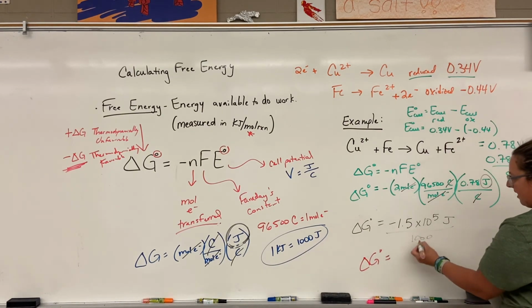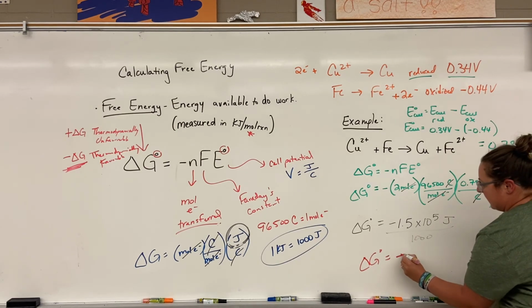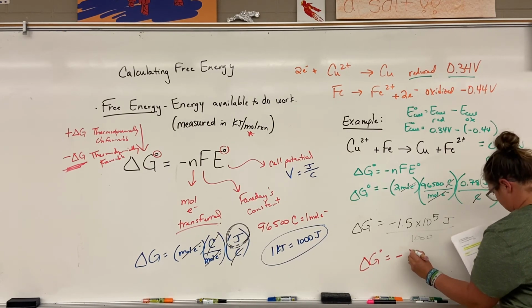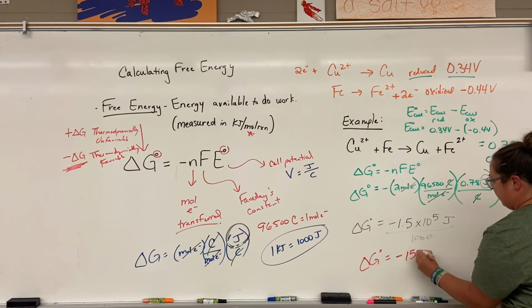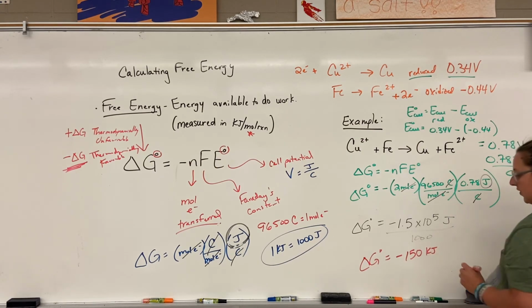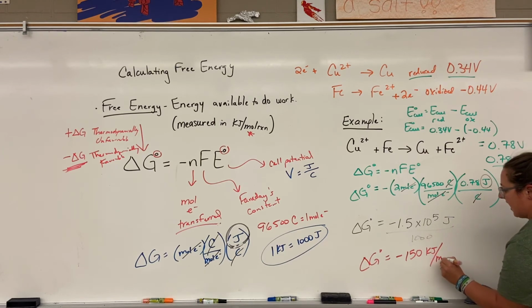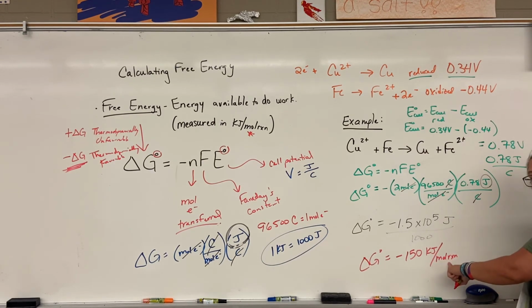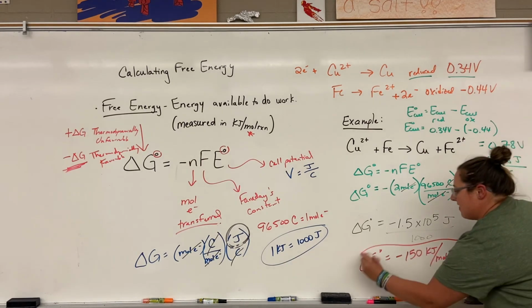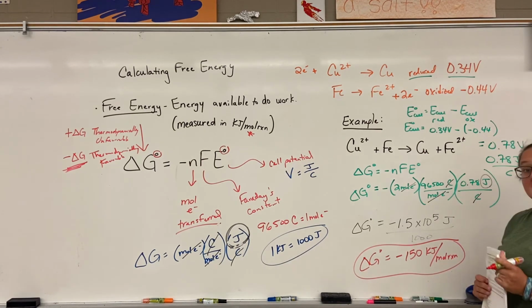If I take this number and divide by 1,000, that's equal to negative 150 kilojoules. I don't want to just leave it in kilojoules. I want to say that's how many kilojoules I get for one reaction. So that's what this is telling me, how many kilojoules for one reaction. And that is my final answer.